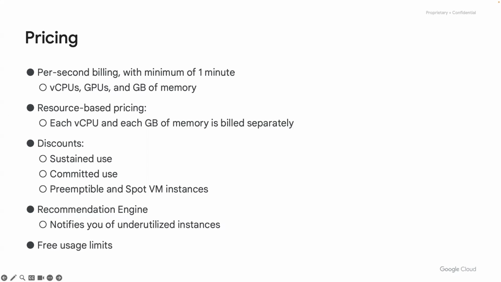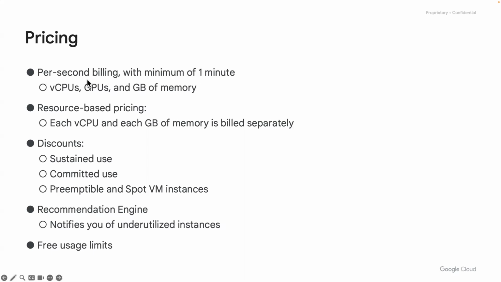So how does the pricing work in Compute Engine? If you create a VM, you need to pay for the first 1 minute for sure. Just imagine you created a VM and within 10 seconds you delete it. Still, you will be paying for 1 minute. Then after 1 minute, it is per second billing.